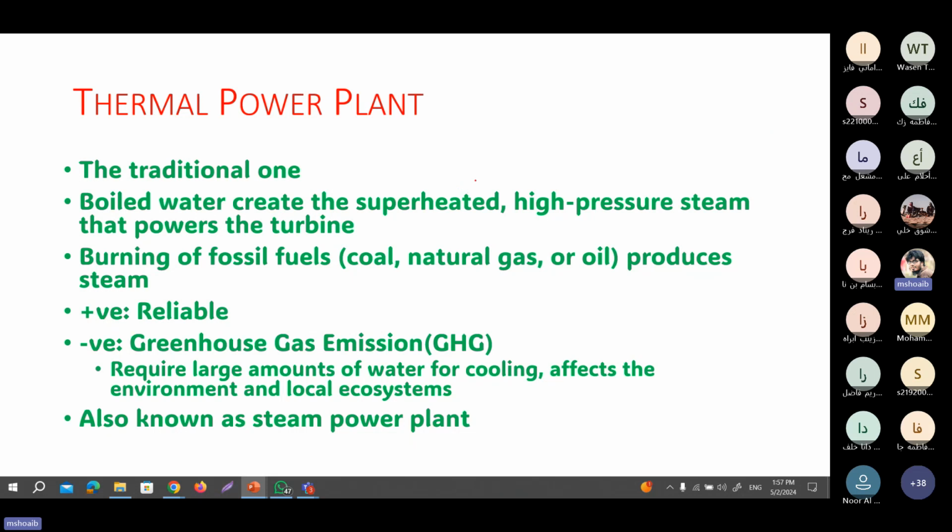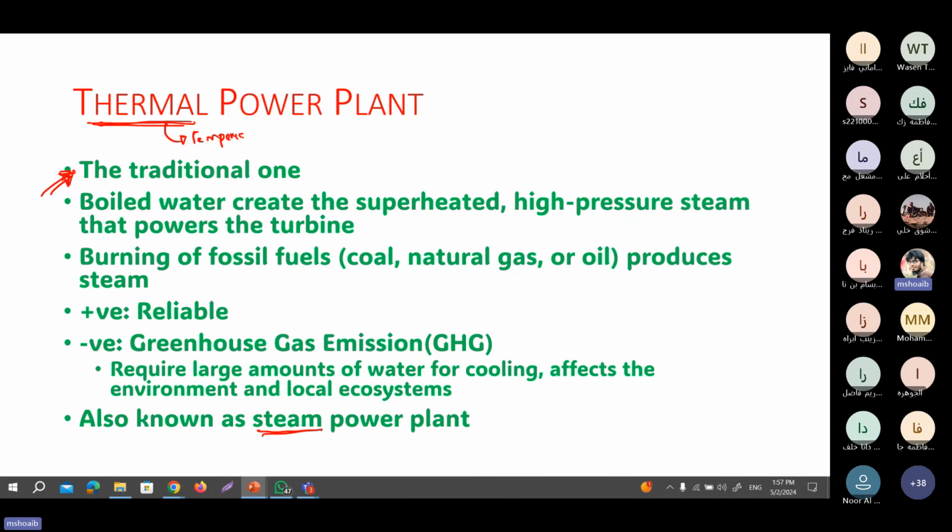This is also known as the steam power plant, and this is actually the traditional one. This is the most used, and this type of power plant generates the most electrical energy in the world. In this type of power plant, you can understand from the name, thermal means that this is related with temperature, right?